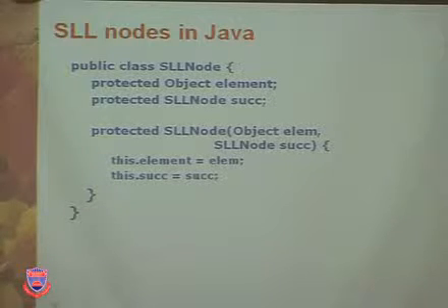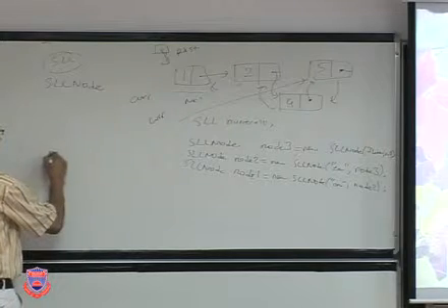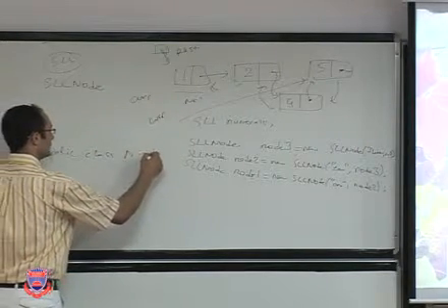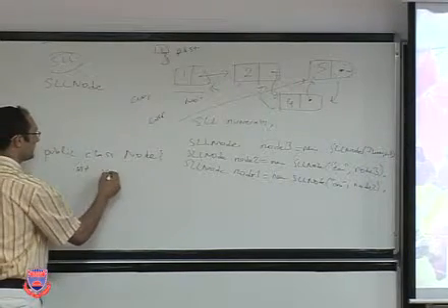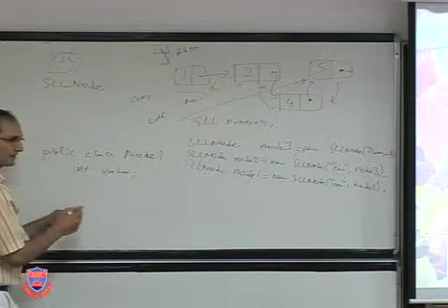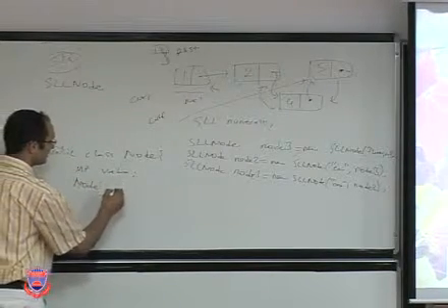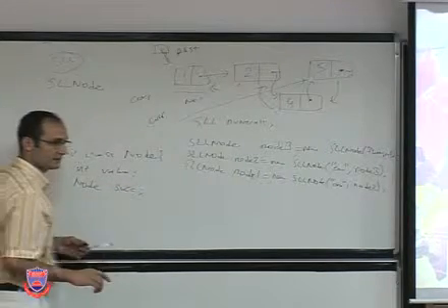So let's say I have public class node. I have a node object, and then in that I have int value, which is the instance variable, and then I have the node that is referred to here as successor or next, doesn't matter. So these are basically indicating that.